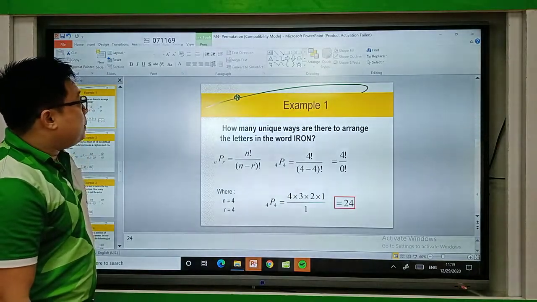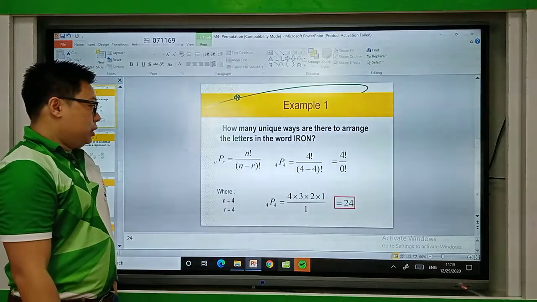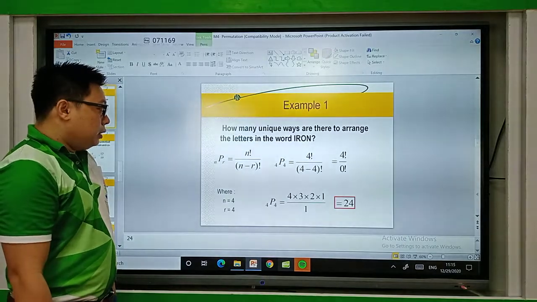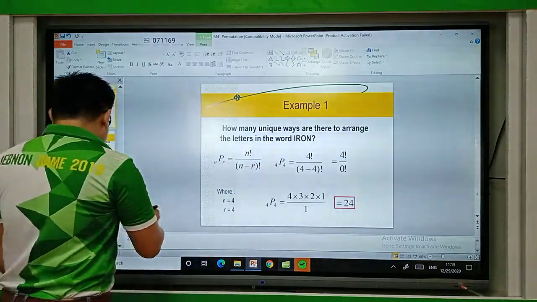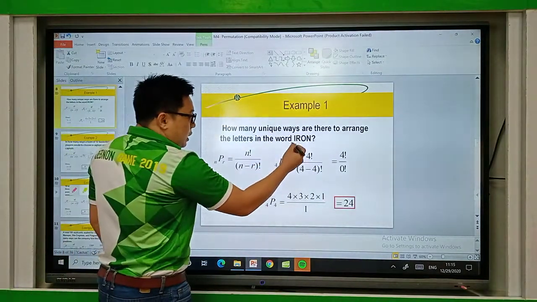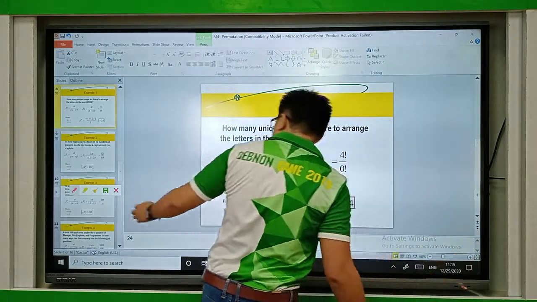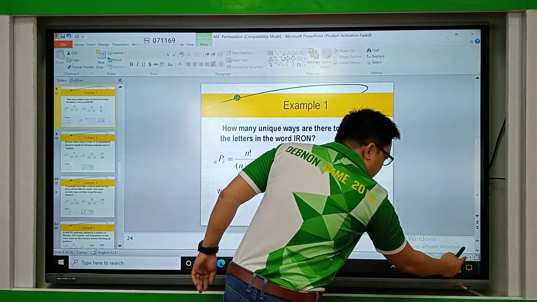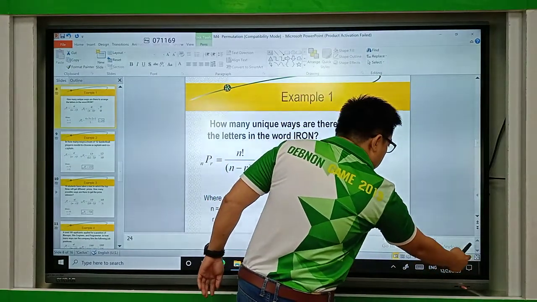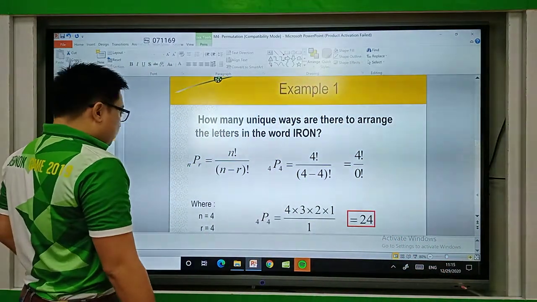So we have here: how many unique ways are there to arrange the letters in the word iron? Let me just make it a little bit bigger. Okay, there you go.